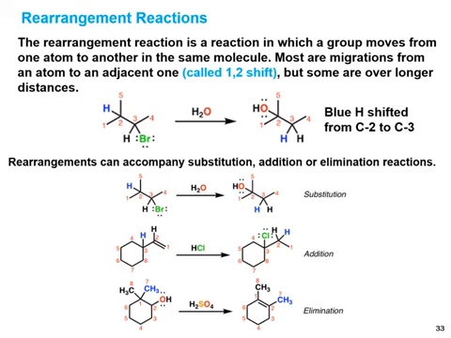In the second example, the hydrogen present at carbon 3 transfers to carbon 2 and addition takes place through the rearrangement. And in the next, elimination occurs through the rearrangement of a methyl group from carbon 1 to carbon 2.